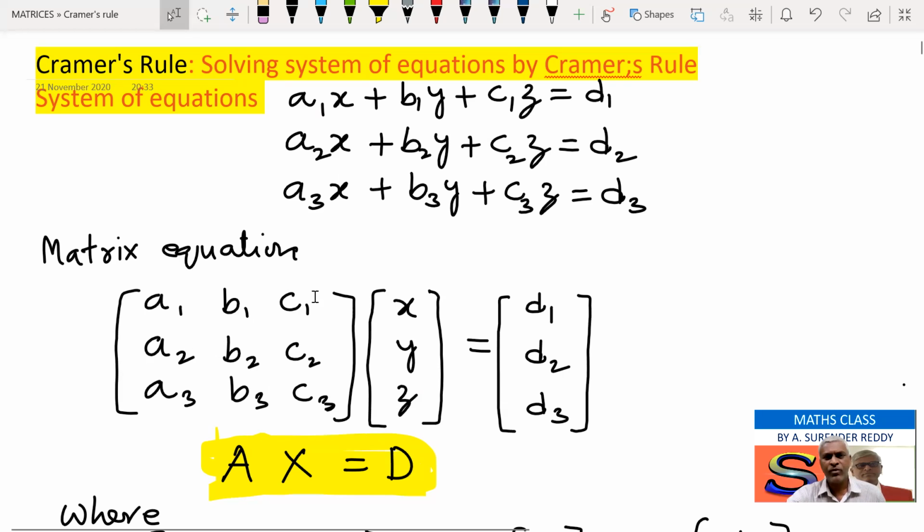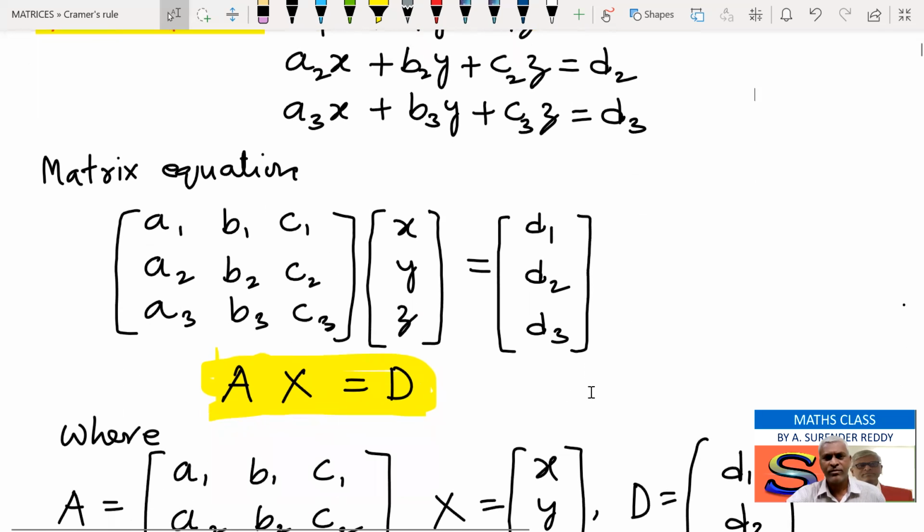In first step, we convert the equations into three matrices. And if you name them as A, X, D, this A into X is equal to D is the matrix equation. So in first step, we have to convert the given equations into matrix equation.